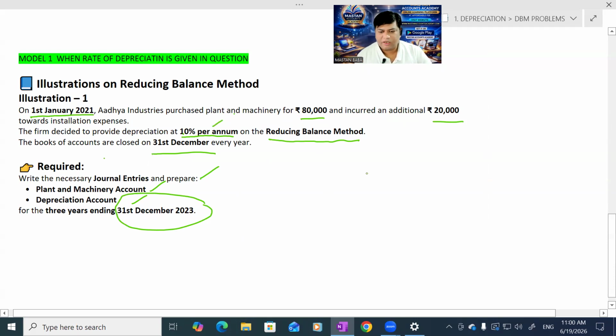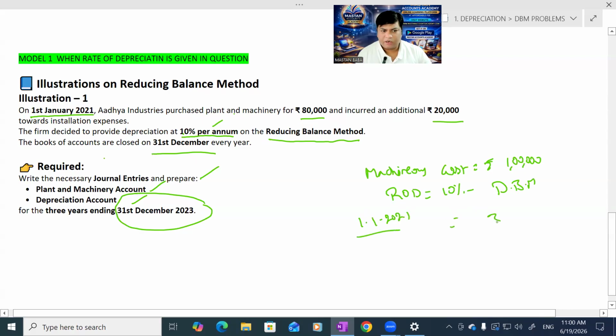So, simply I can write here the machinery cost is rupees 1 lakh, 80,000 plus 20,000, and the rate of depreciation is 10%. The method is DBM, that is the diminishing balance method. The machinery was purchased on 1/1/2021.